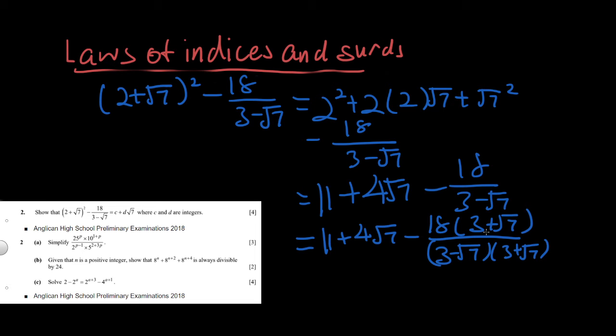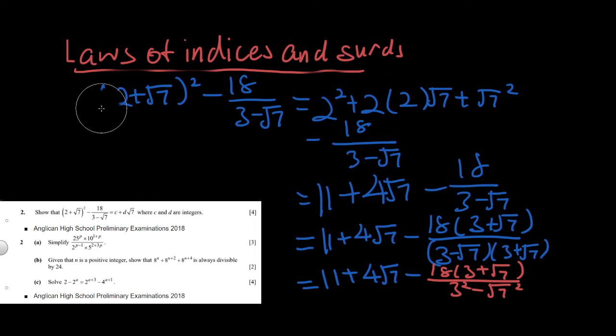You see these are equal, because this can just cancel out, but we're not going to cancel it out, we're going to expand it. So it equals 11 plus 4 square root 7 minus 18(3 plus square root 7) over 3 squared minus square root 7 squared.